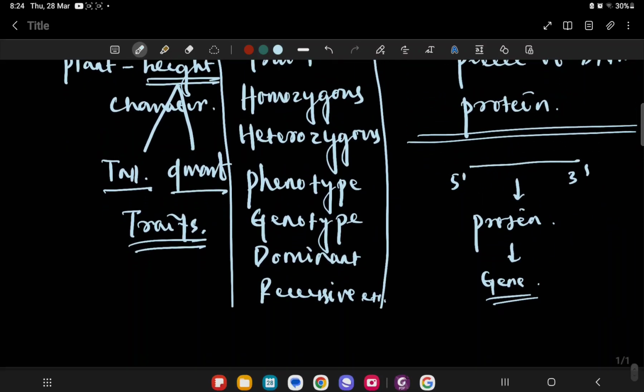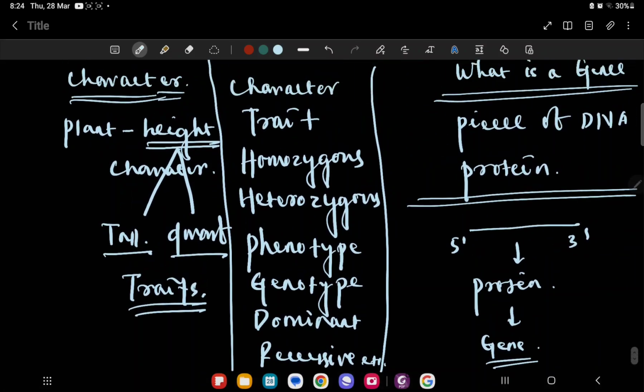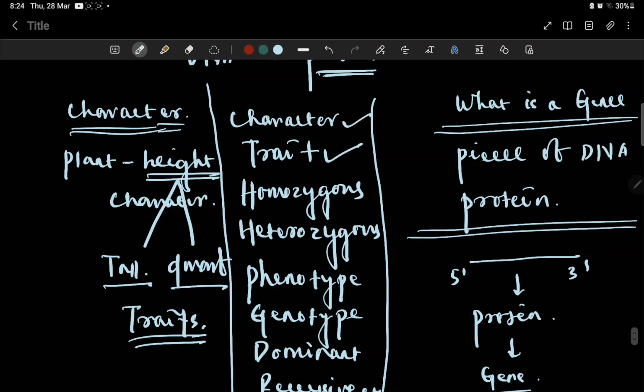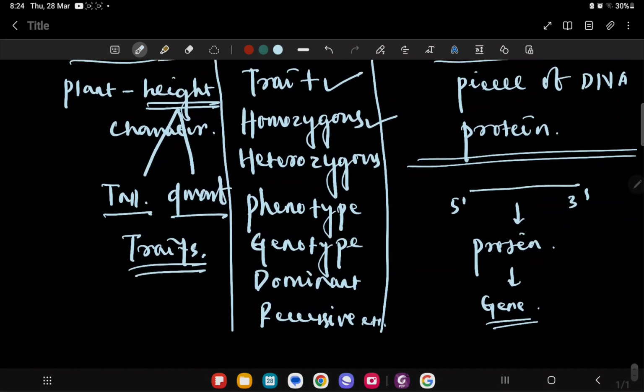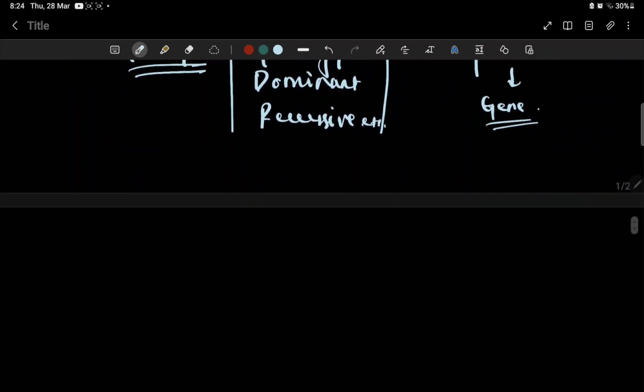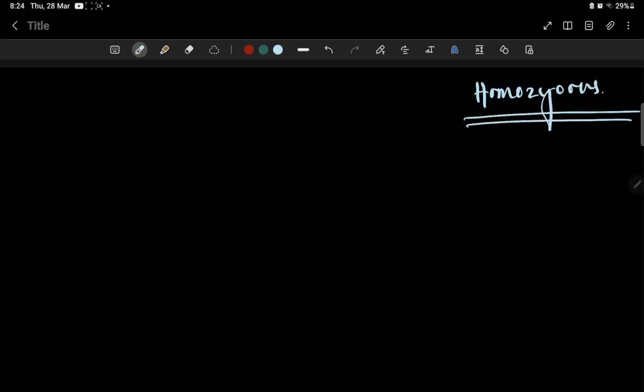Then we will understand what is homozygous and heterozygous.